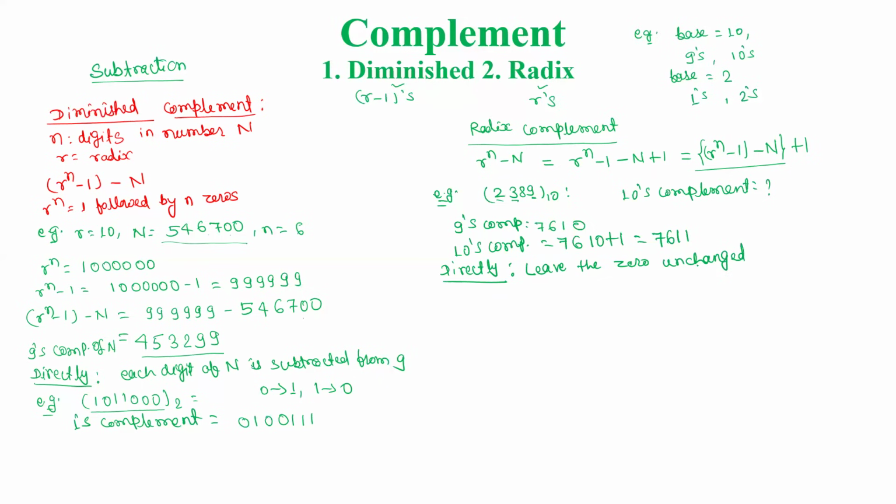From the LSB, if you get a 0, that 0 should be unchanged. After that, the first non-zero digit is subtracted from 10.